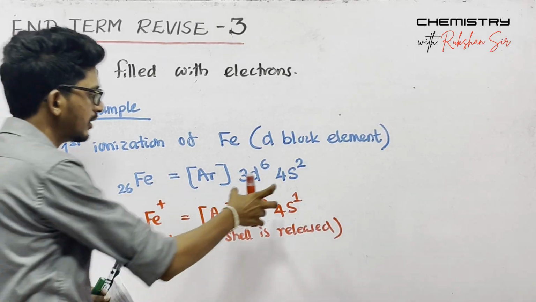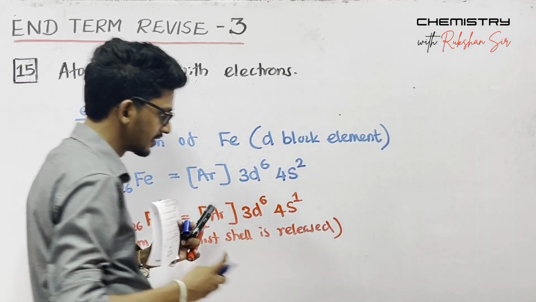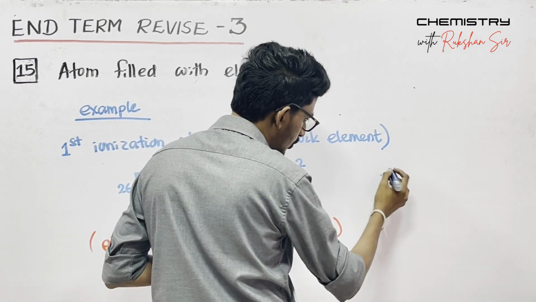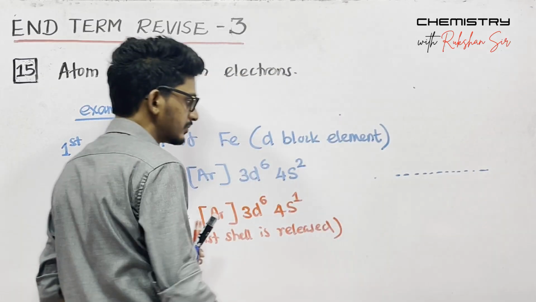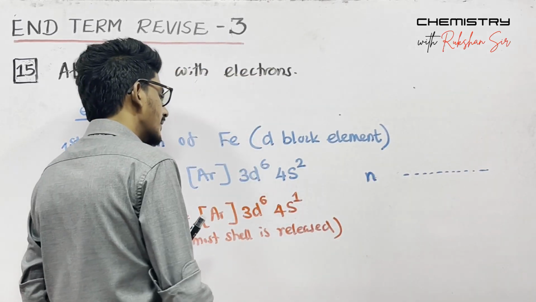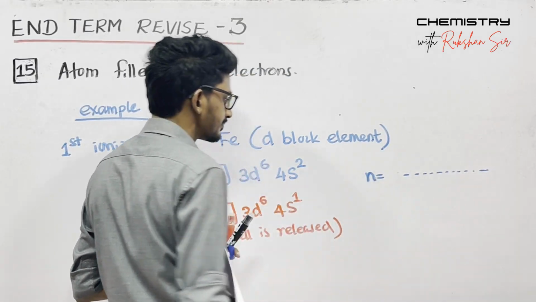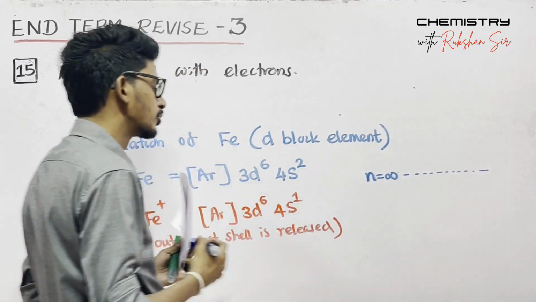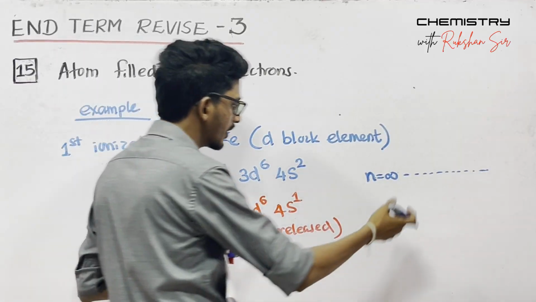So what does this mean? Ionization means you are supposed to eject an electron from the atom. That means you are supposed to excite an electron towards n equals infinity from a lower energy level.